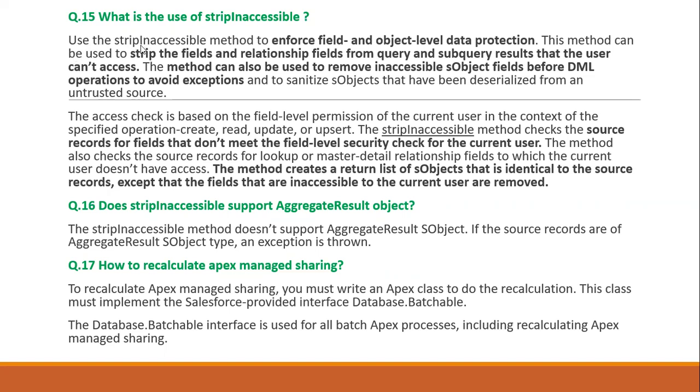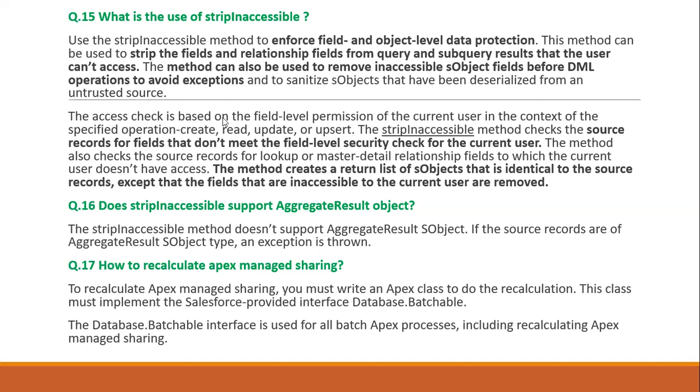Use the stripInaccessible method to enforce field- and object-level data protection. This method can be used to strip the fields and relationship fields from query and subquery results that the user cannot access. The method can also be used to remove inaccessible sObject fields before DML operations to avoid exceptions, and to sanitize sObjects that have been deserialized from an untrusted source.